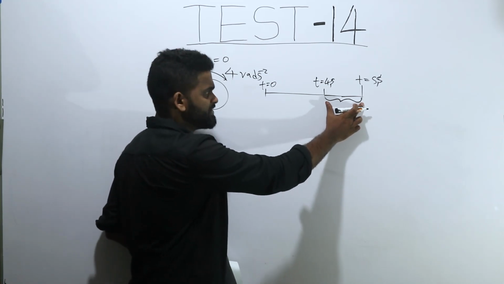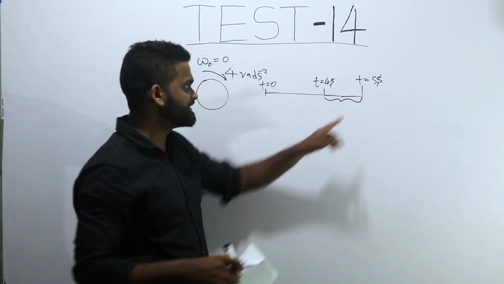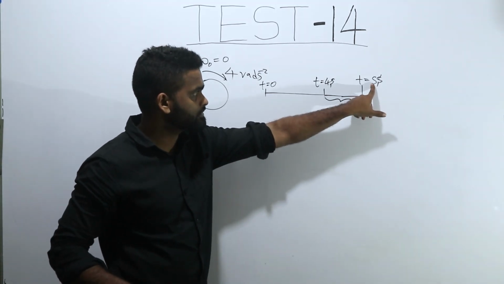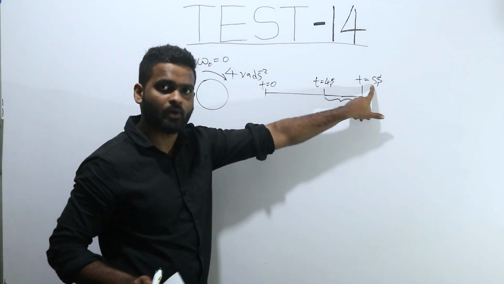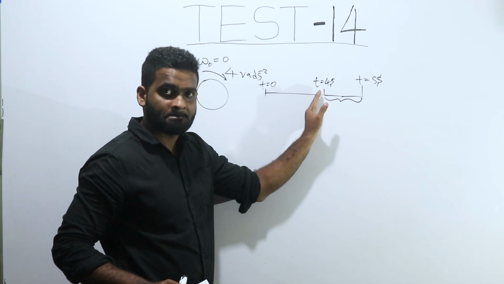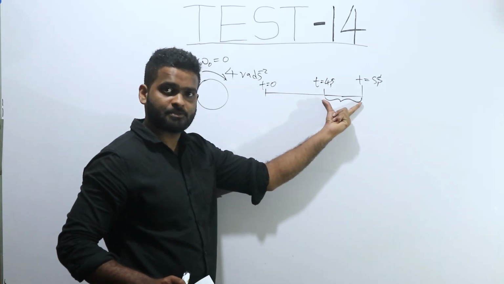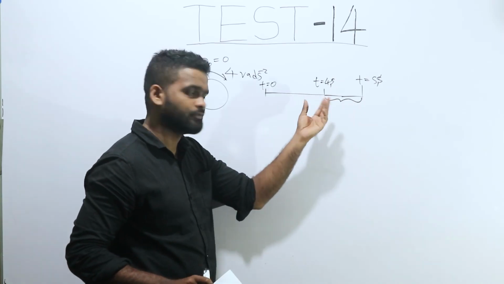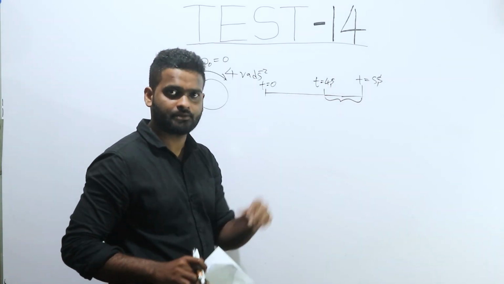The displacement between 5 and 4. These are moments, right? Moments like 5 when it is 5 seconds. This is after 5 seconds. This is after 4 seconds. So within these two moments is what we call the fifth second, right?